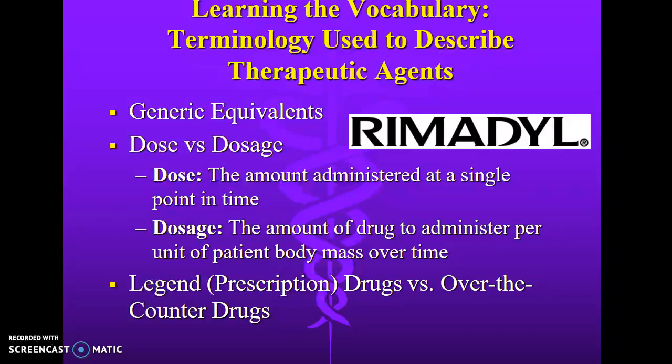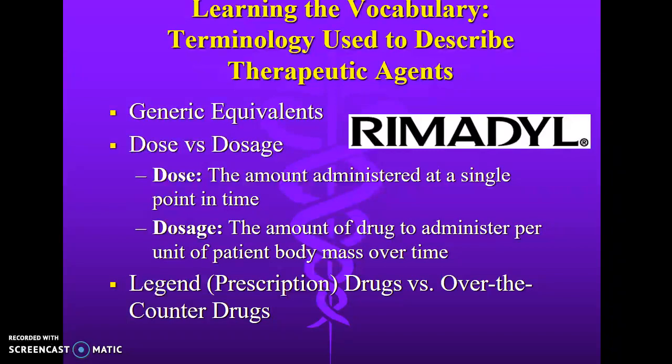It's those cold medications. The basic idea behind the differences of these drugs is that prescription drugs have more potential harm with them. An animal may need to be healthy. There may be some conditions that if they have them, we don't want the animal to have that particular drug. Over-the-counter drugs are generally safe for most humans because that's who they're intended for.